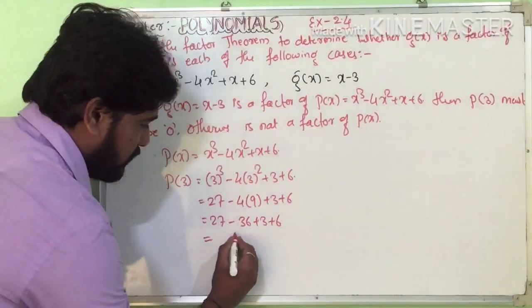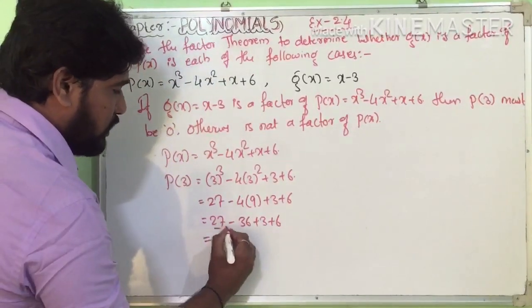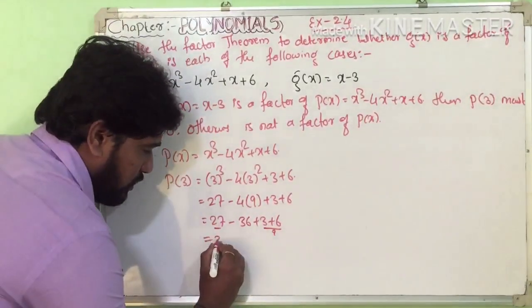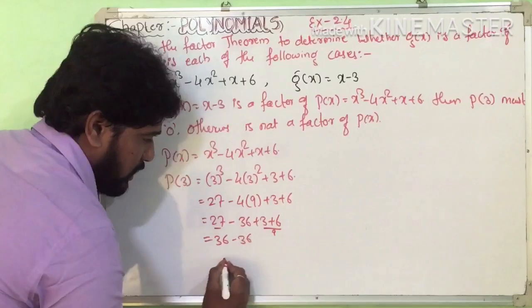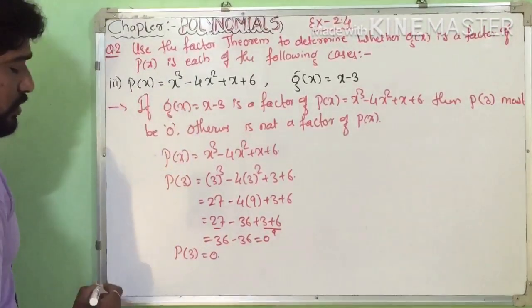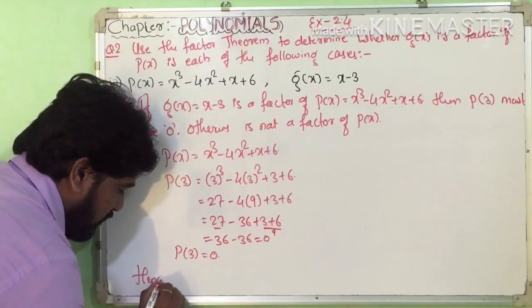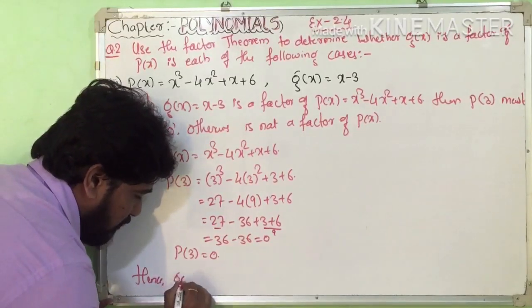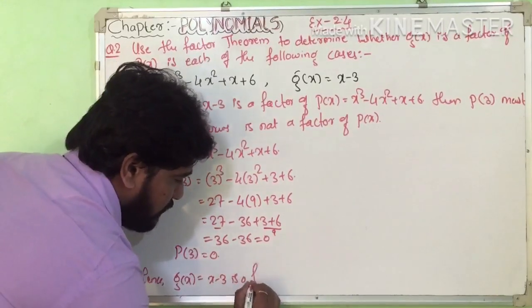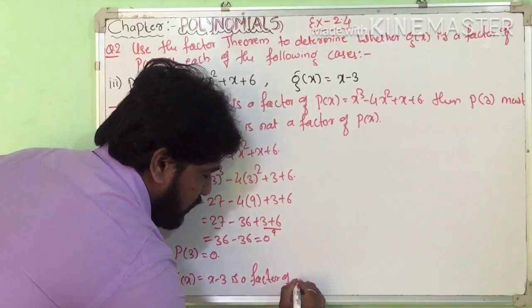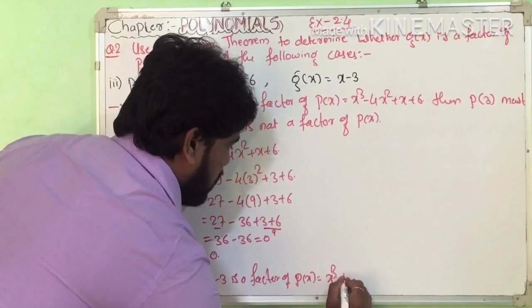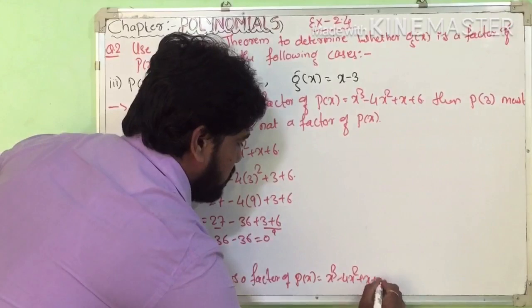So here 3 plus 6 is 9, 27 plus 9 is 36, minus 36 as it is, this is equal to 0. So p of 3 is equal to 0. So hence g of x is equal to x minus 3 is a factor of p of x is equal to x cube minus 4x square plus x plus 6.